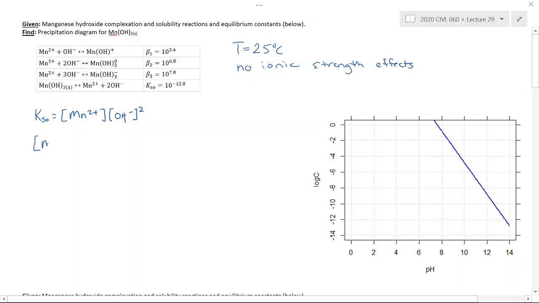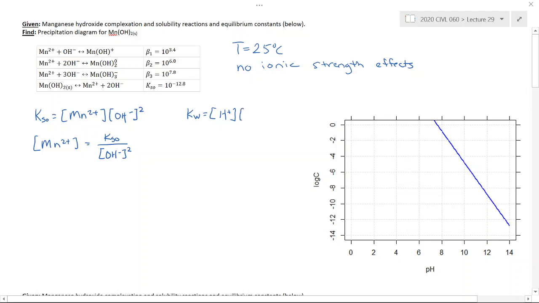So I have manganese is equal to KSO over hydroxide squared. Now I'm going to replace the hydroxide with hydrogen ion and the Kw, which I also know from the water equation. Didn't write the water equation, but it's just water dissociates into hydrogen and hydroxide.